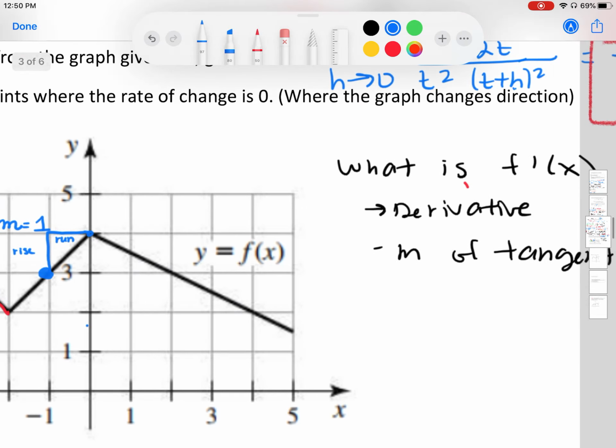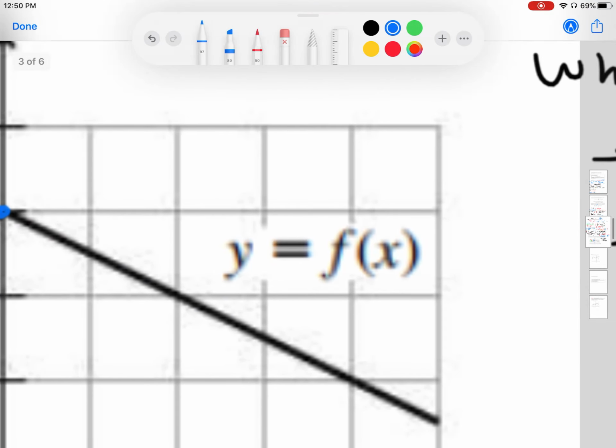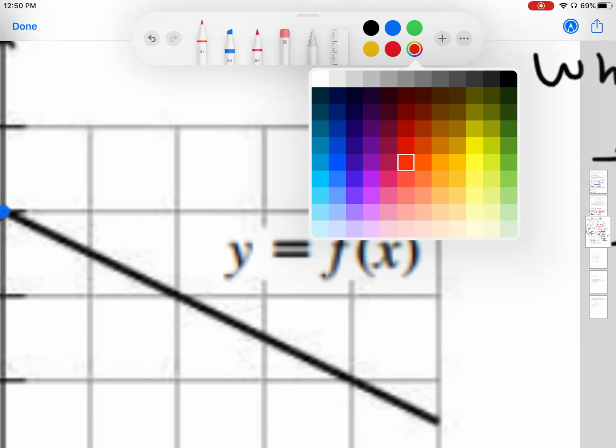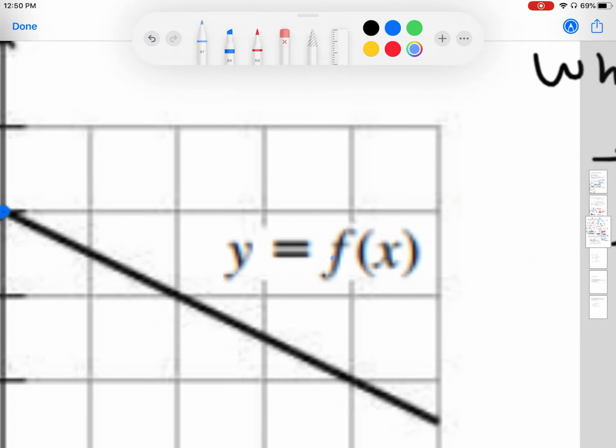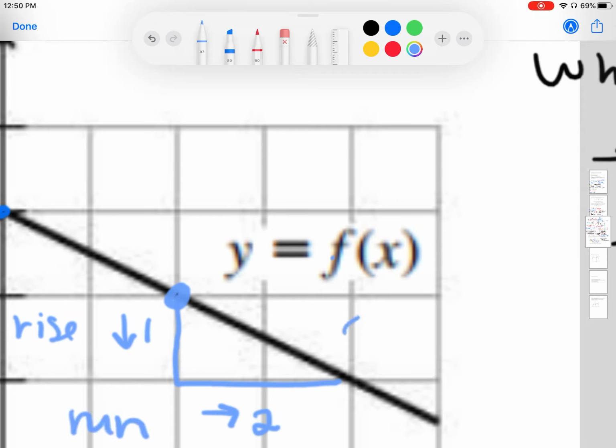Now let's consider what's going on for the rest of our function. You can pick any point you like on your graph. So if I pick a point here, what's going on? I rise down and I run 2. So you have a rise and a run. You have a slope of negative 1/2.